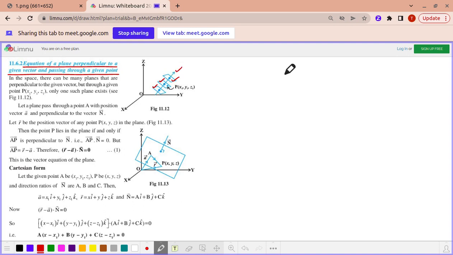But out of all those planes, if I give a specific point, passing through that specific point only one plane is possible which is perpendicular to a given vector.